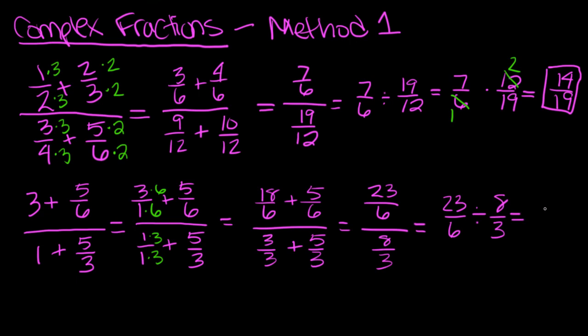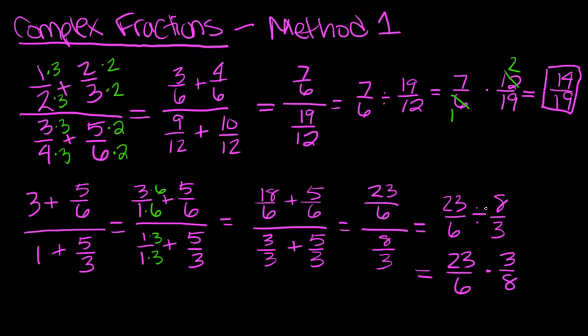And in order to divide fractions, I have to flip the second and multiply. Let's write this below instead. This is equal to 23 over 6 times 3 over 8, which allows me to cancel.